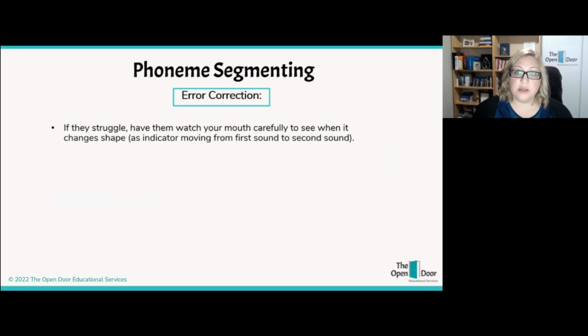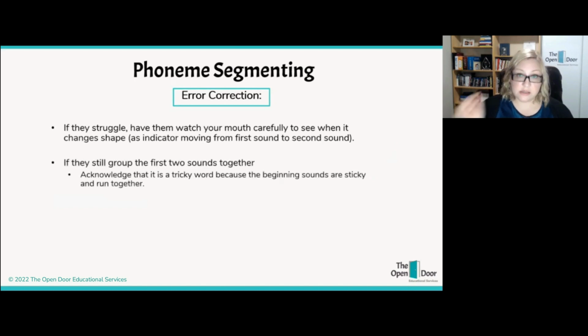Now, sometimes they can still have difficulty because the first two sounds can really blend together, particularly if the first two sounds in a word are consonants. That consonant blend can be hard to pull apart. So if that happens with a student, first of all, you want to acknowledge and say, you know what, that's a really tricky word because those first two sounds are super sticky and they really run together.